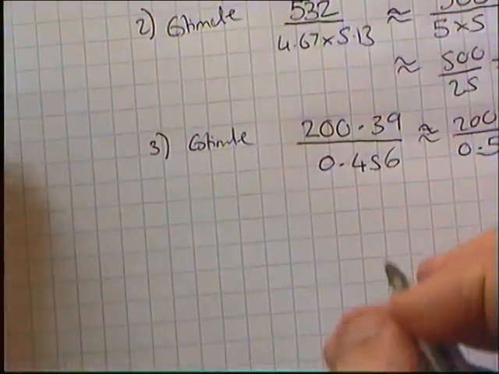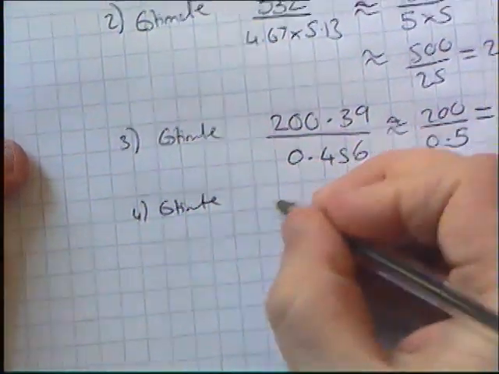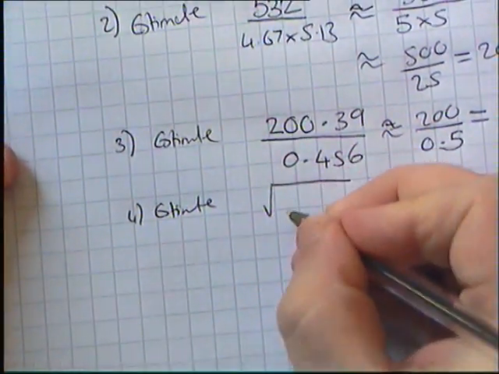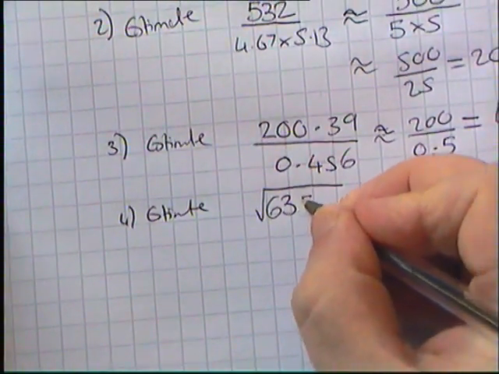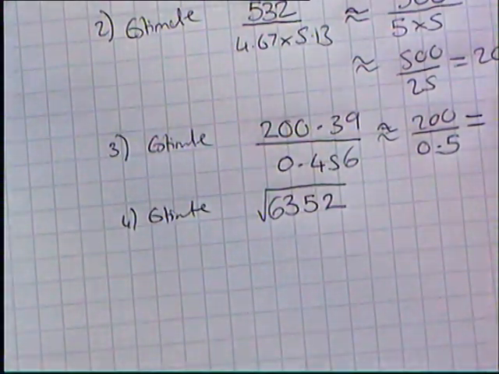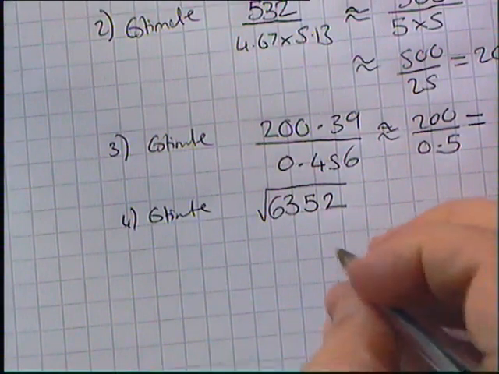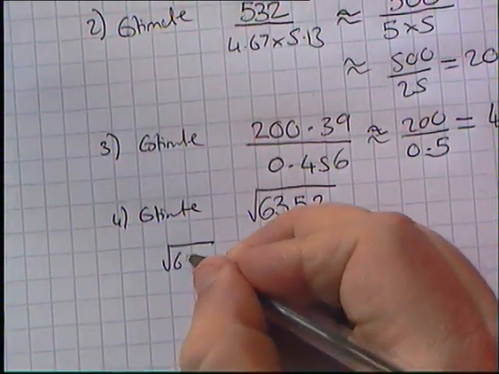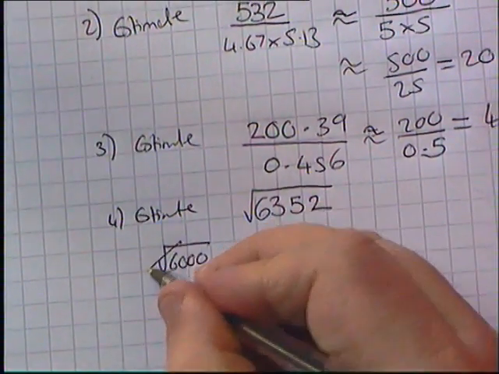Now, final question, question 4. Estimate the square root of 6,352. Now this time, if you were to round it to 6,000, the square root of 6,000 doesn't make my sum any easier.